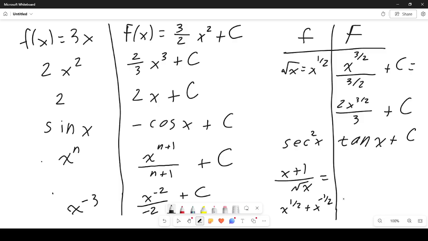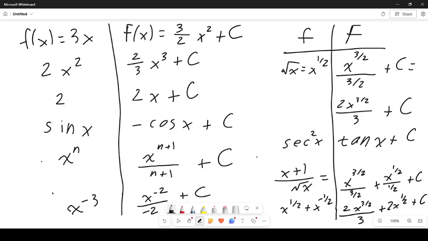We haven't done anything except rewrite the problem. So now we say, okay, we get x to the 3/2 over 3/2 plus x to the 1/2 over 1/2 plus c. And then I'm going to rewrite this again: 2x to the 3/2 over 3 plus 2x to the 1/2 plus c.